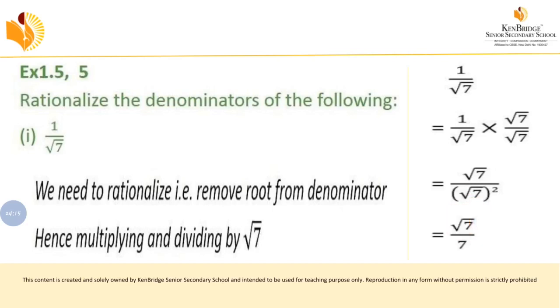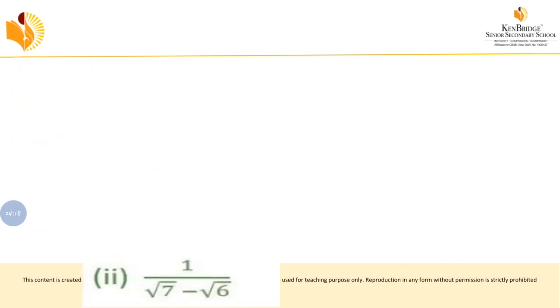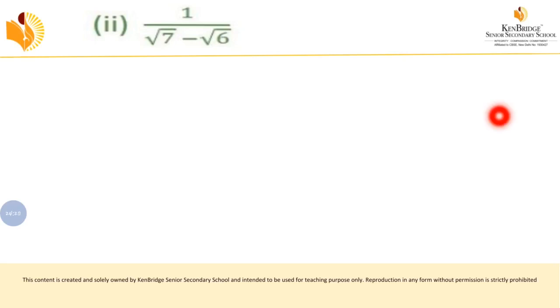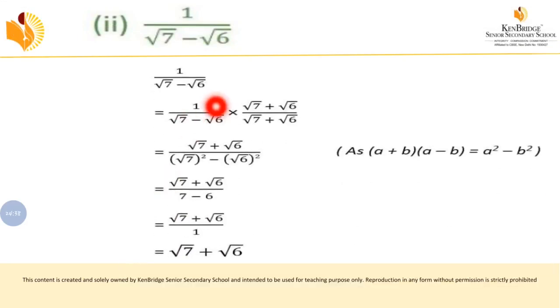So let's move on to the next one. The second term is 1 by root of 7 minus root of 6. Here we have to multiply and divide this term by root 7 plus root 6. The same term, but we have to change the sign. So 1 into root 7 plus root 6 will give the same value, root 7 plus root 6.